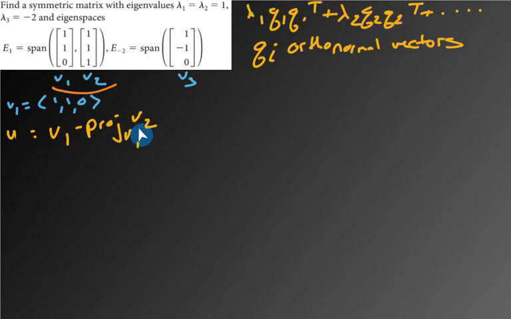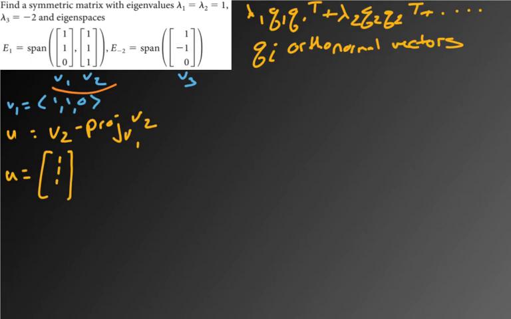And if you had more vectors, you would just do more and more subtractions that are these projections. So if we do that, U is going to equal 1, 1, 1. Oh, no, sorry. I just looked above, and I want this to be V2.